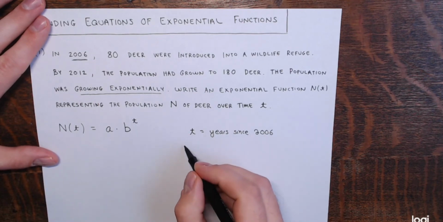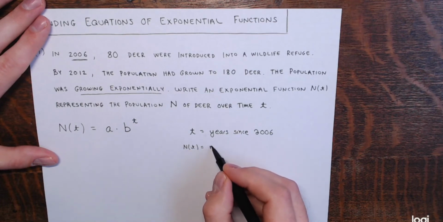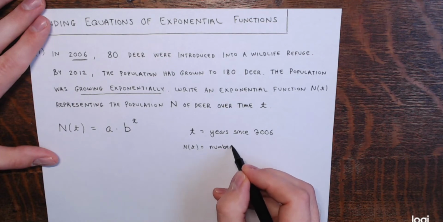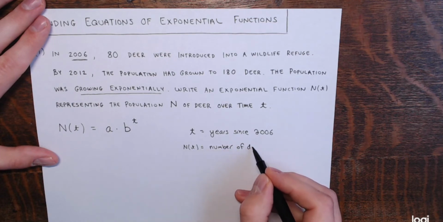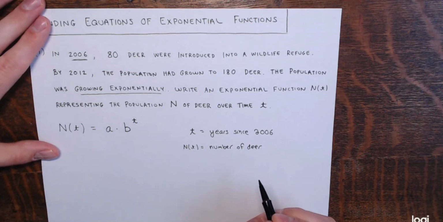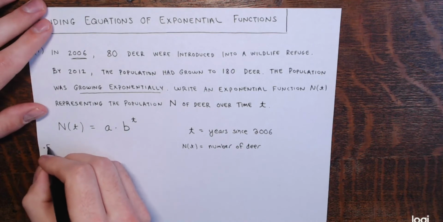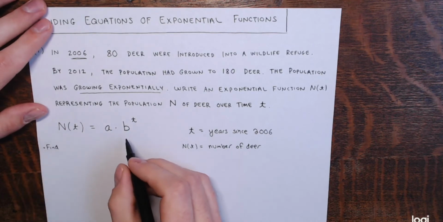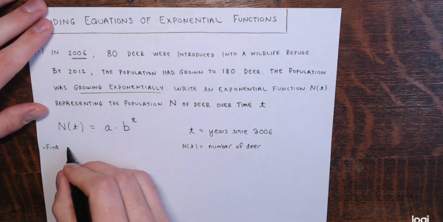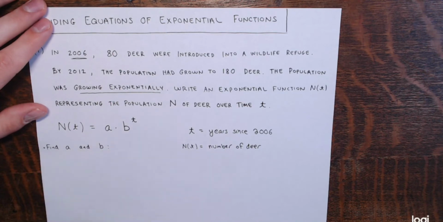And n of t, the output, is just going to be the number of deer in this wildlife refuge at time t. To complete the model, all we need to do is find the values of a and b using the information we were given.